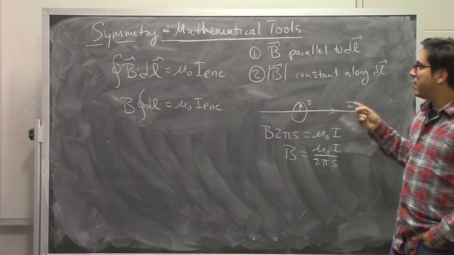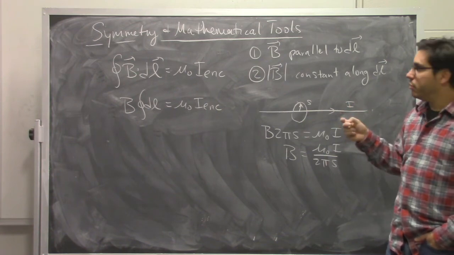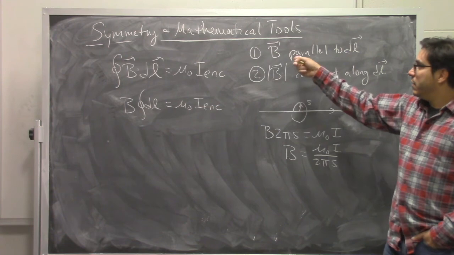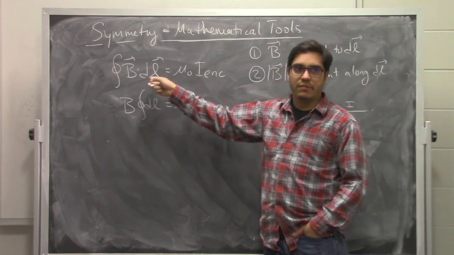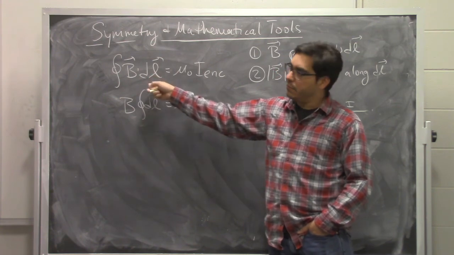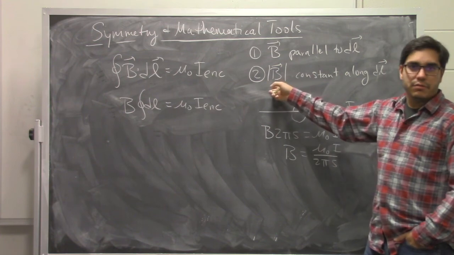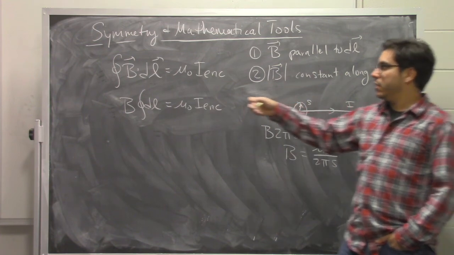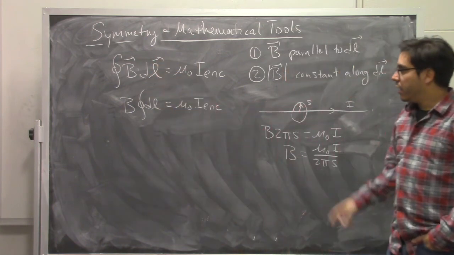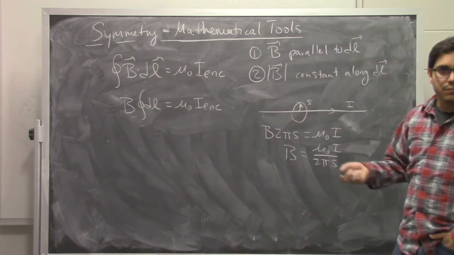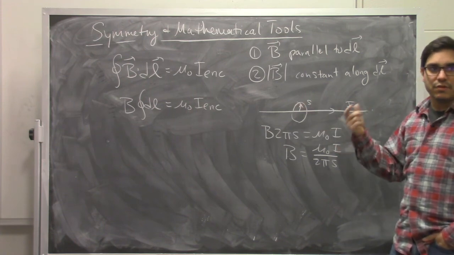Now, in both cases, we have to have properties that we can say or argue are true, namely that the field itself is parallel to the thing that the dot product is being taken over, whether that's dl in Ampere's law or dA in Gauss's law, and that the magnitude of those fields is constant over either the circulation loop or the surface area that you're integrating over. If you can do both of those things, you get a much more simplified description of this integral, and therefore can solve for the field much more simply.